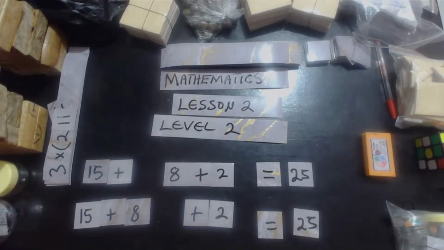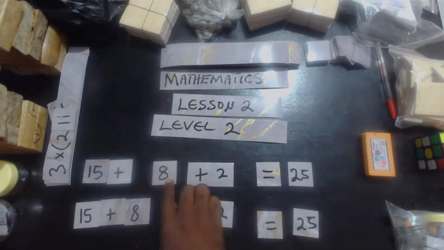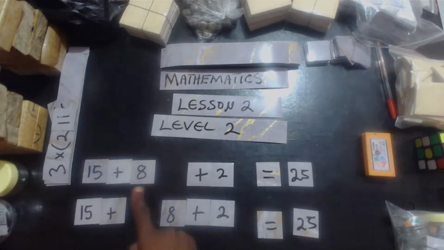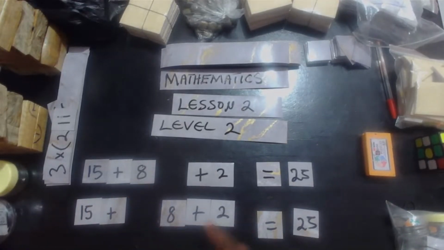Now, how did regrouping make the calculation easier? First it was 15 plus 8, which is a little more difficult to handle than 8 plus 2. It's easier to handle 8 plus 2, which easily forms 10, and you can see the answer makes 25.